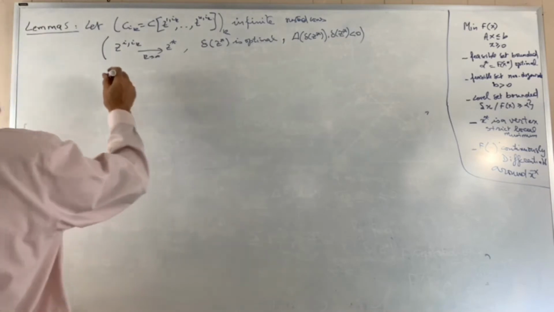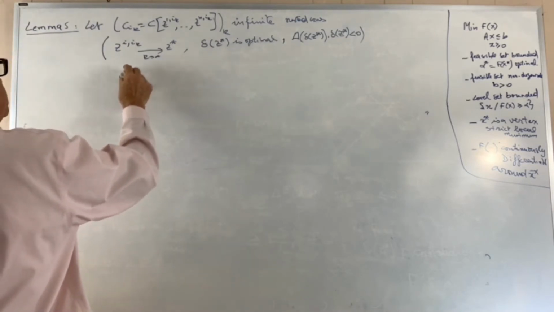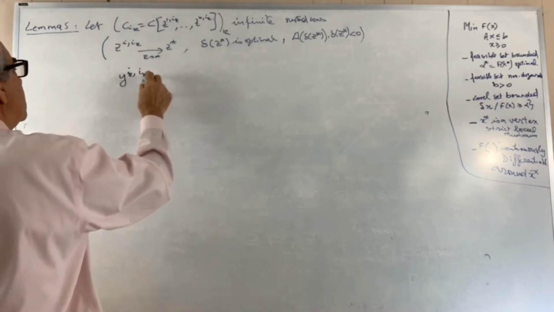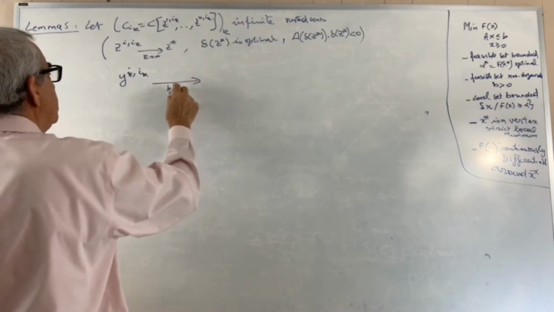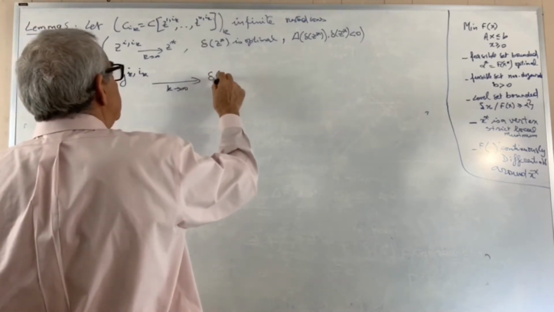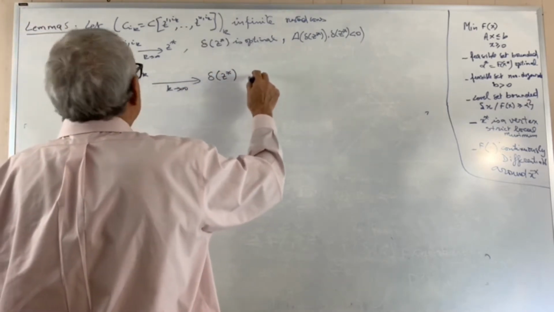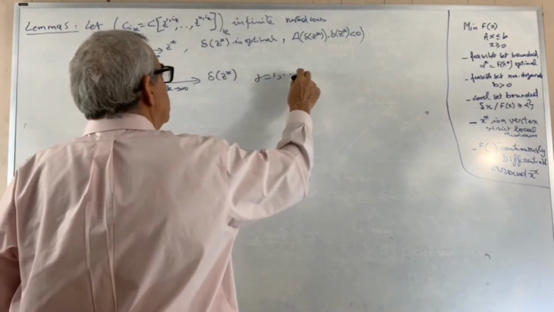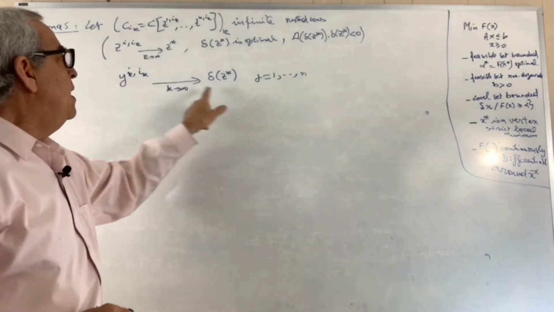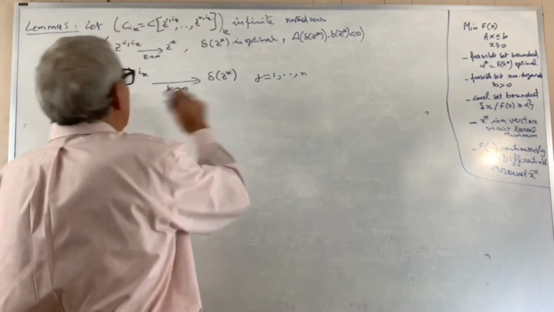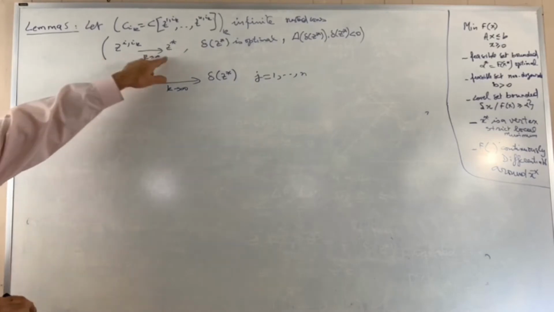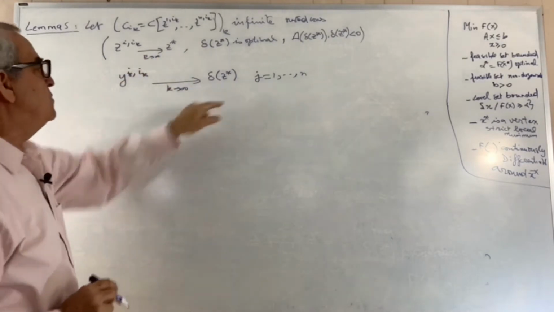Then the result is that y_i_k, y_j_i_k converges as k goes to infinity to delta of z star for j equal 1 till n. Remember, in the previous lemma, we showed that at least one of them has this. But now, with these new assumptions, all of them must converge to the same point. Just like the z's converge to z star, the y's will all converge to delta of z star.